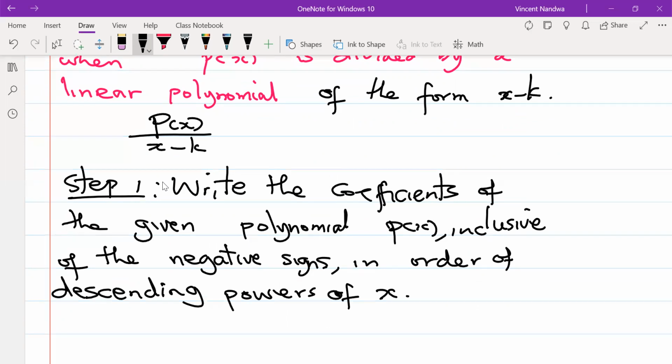That means that if the highest power of x in the given polynomial is 4, then you write the term starting with x power 4, followed by x power 3, followed by x power 2, up to the term without x.